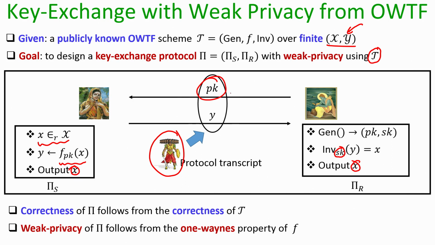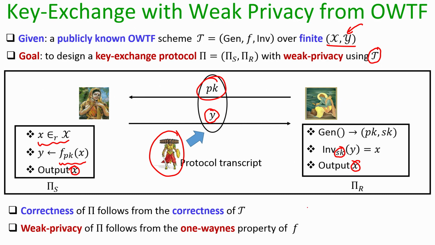From the viewpoint of the adversary, it is a random pk whose corresponding trapdoor information sk is not known to the adversary, and the adversary is seeing the value y, which is the output of the function f of pk on some random x, where the random x is not known to the adversary. The requirement of weak privacy is that the resultant x, which is the output for the sender and the receiver, should not be known in its entirety to the adversary.